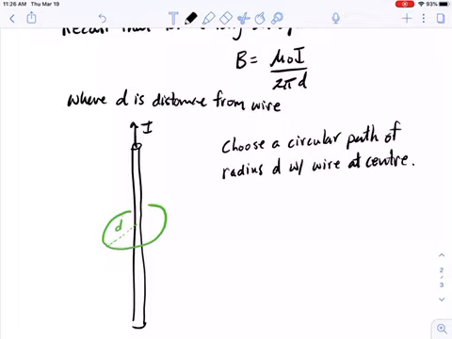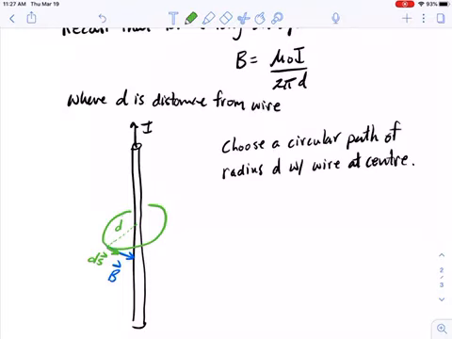Okay, so we know that the magnetic field is going to be circular as well, and so at some point on the path, the magnetic field direction is tangent to that circular path. And if we select a ds vector, a little segment in our circular path, it's also going to be tangent to the green path.